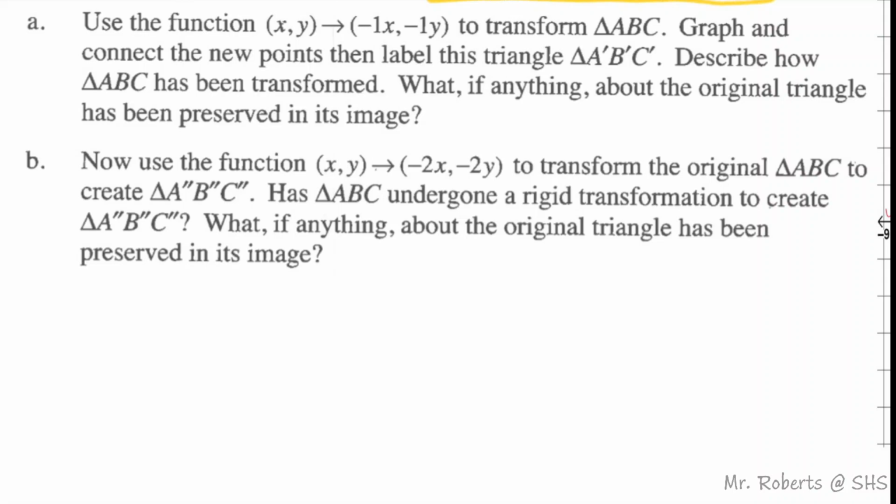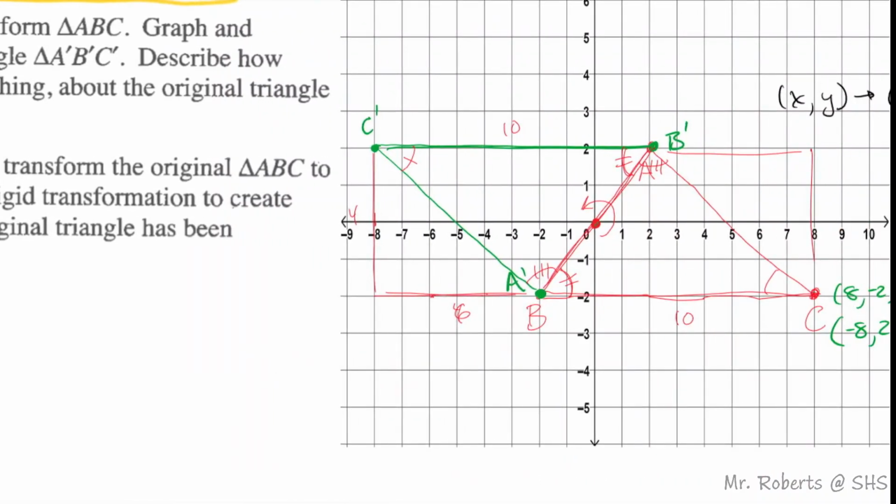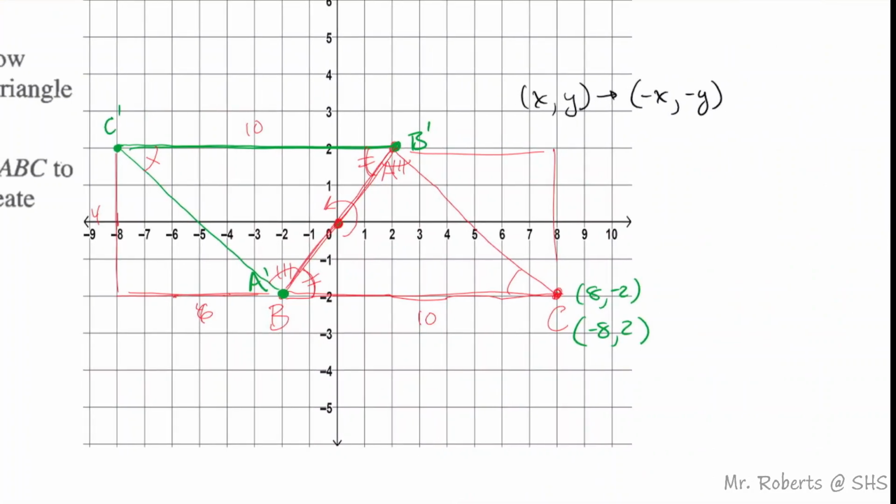Now, use a new function. Ooh, I think I'm going to run out of room in my graph paper. So on this one, the rule now is you're going to take x, y, and instead of just multiplying by a -1, we're going to multiply by -2.